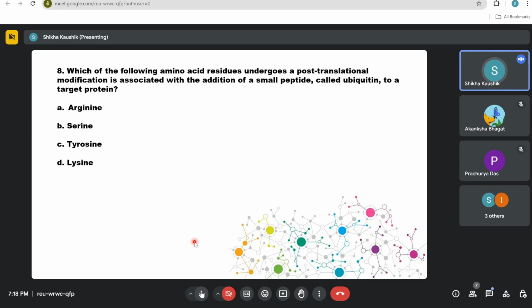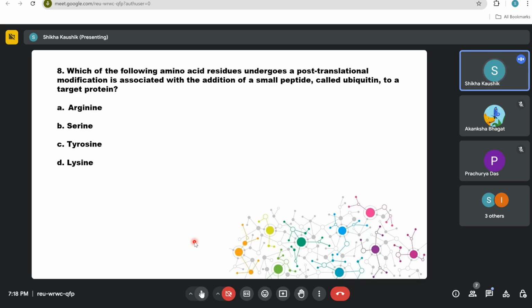Next question is, which of the following amino acid residues undergoes a post translation modification associated with the addition of a small peptide called ubiquitin to the target protein? If you have read about post translation modification, you can easily do this question. This is the amino acid used for the post translational modification with the addition of the small peptide called ubiquitin.